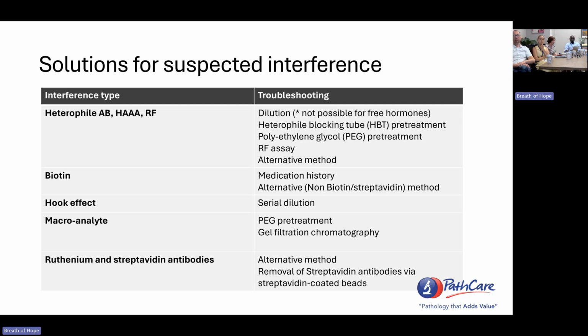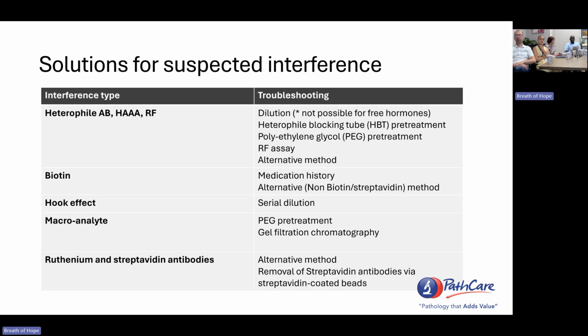Another possible solution is to use a heterophile blocking tube pre-treatment. So those HPT tubes will remove any heterophile antibodies in that sample. We can do a polyethylene glycol pre-treatment. We can do a rheumatoid factor assay. If it is very high, it might be the suspect.